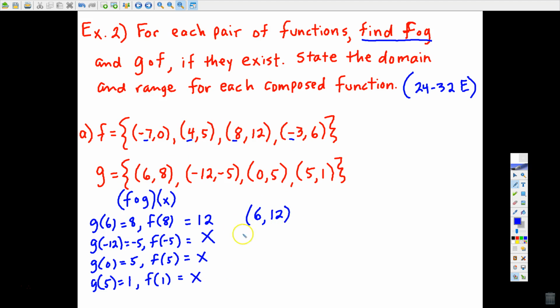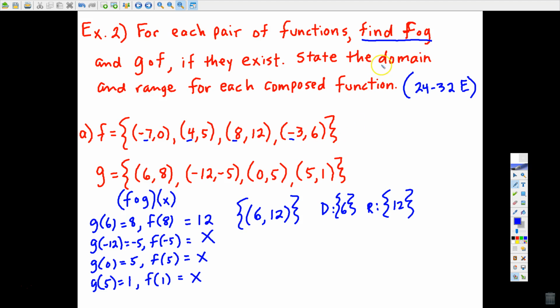So the only result, the composed function, f of g of x, is this ordered pair 6, 12. And so the domain, remember, is the x-coordinate. The domain is 6. And the range would be the y-coordinate, and it's 12.